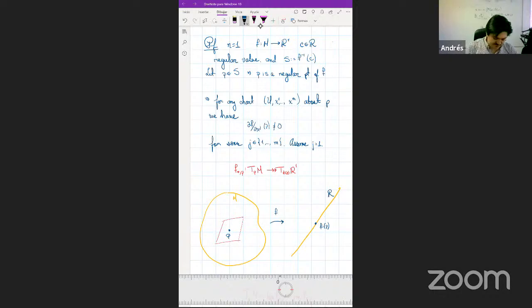So here I have a linear subspace that is the kernel of this map. The kernel is m-1 dimensional. I'm assuming that M has dimension m. And I only have one more dimension, which is mapped to the image.